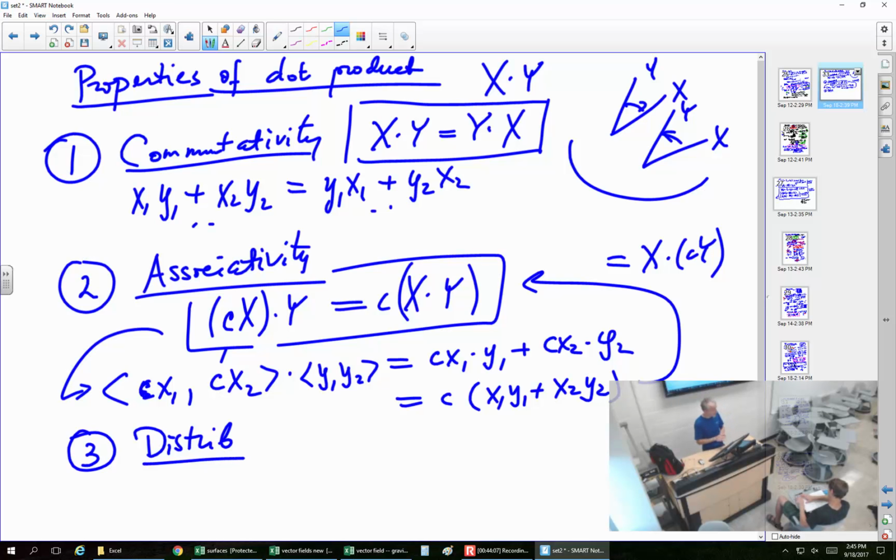So now we are bringing in, finally, vector addition. Scalar multiplication first, the dot product by itself. Then dot product versus scalar multiplication. Now dot product versus vector addition. Say x dot (y plus z) on one hand, and x dot y plus x dot z.